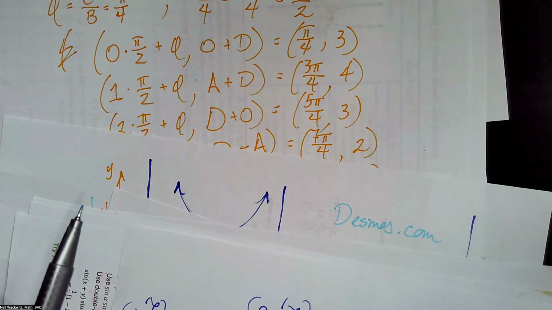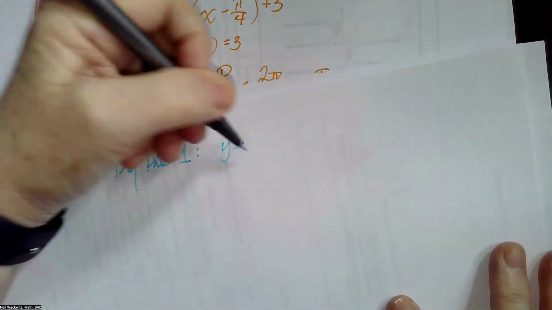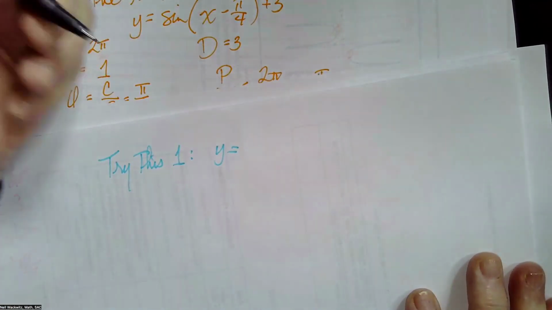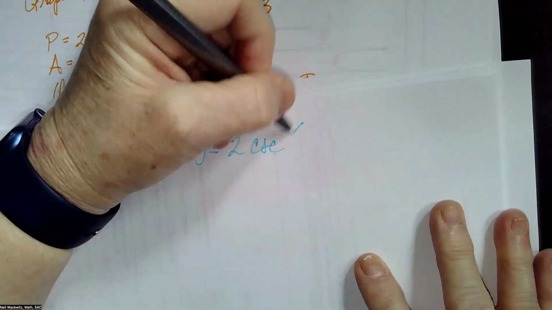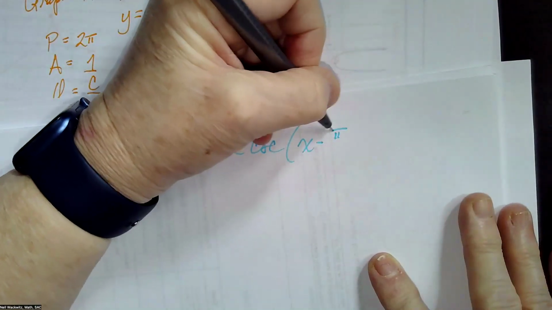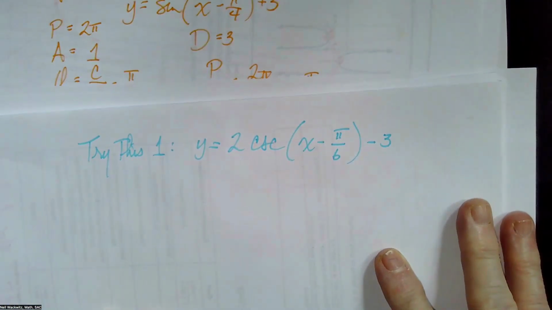See if I can find a blank back. Here we go. So the try this was y equals 2 cosecant (x minus pi over 6) minus 3.